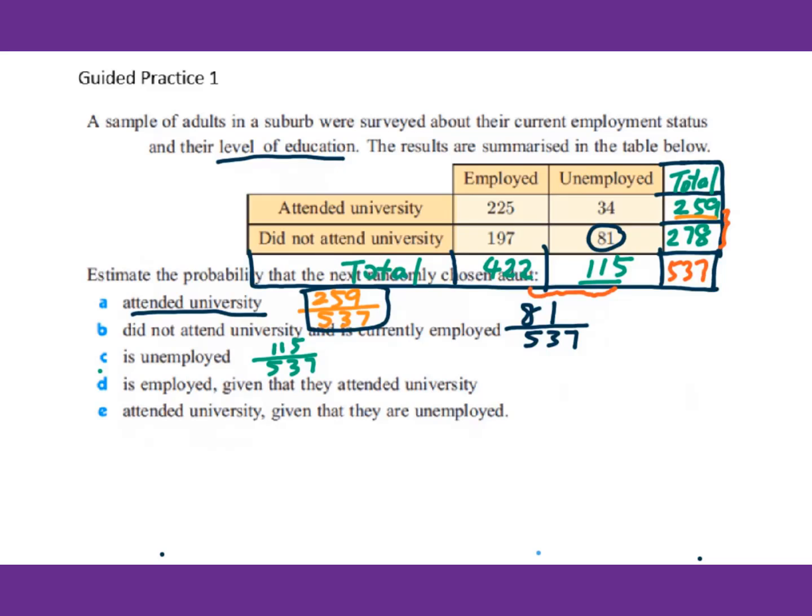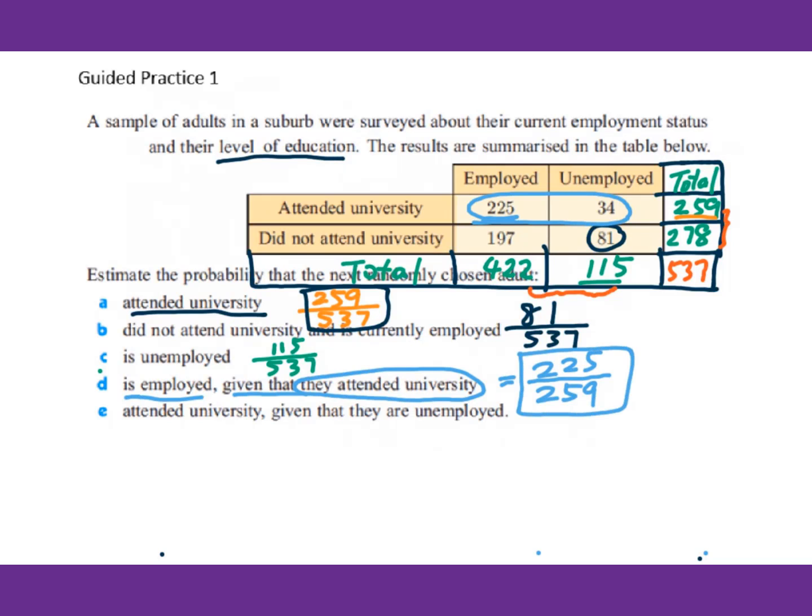D, it's employed, given that they attended university. Given that will be the denominator, attended university, which is 259. Among this 259, find out how many of them are employed, which is 225.